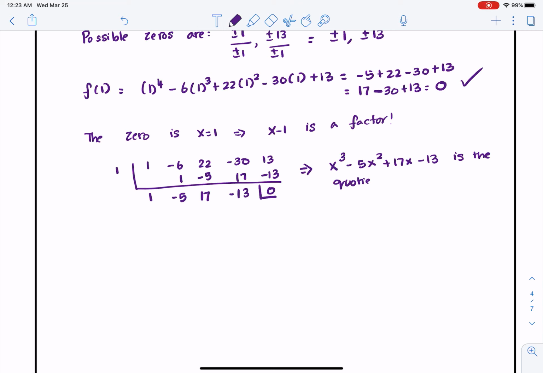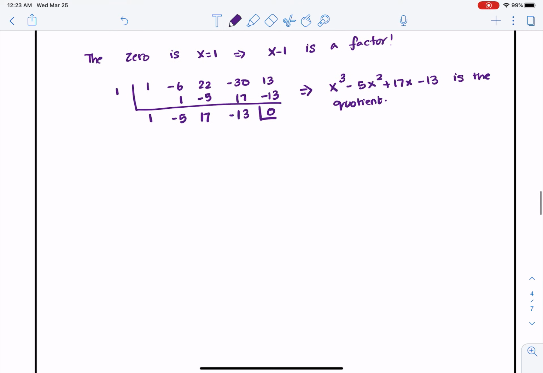So here we have to set x cubed minus 5x squared plus 17x minus 13 equal to 0 and solve for x. Now we can't jump to the quadratic formula right away because the polynomial here is a third degree polynomial. So the degree here is 3.